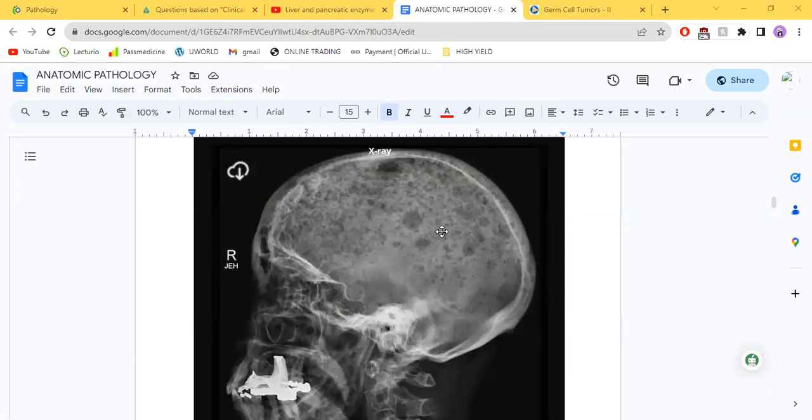Hypercapnia. I'm not sure about hypercapnia, but it could be. Maybe you can put an explanation of that in the chat. Dysphagia. So basically, I don't think it's dysphagia, because what is the definition of dysphagia?